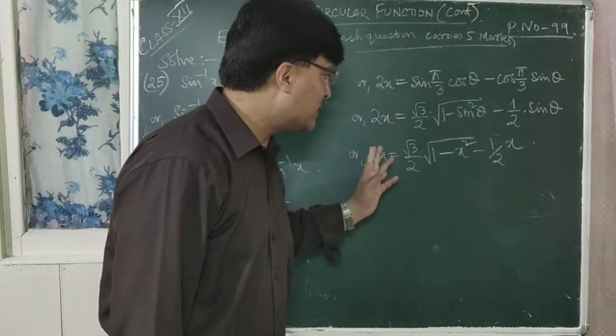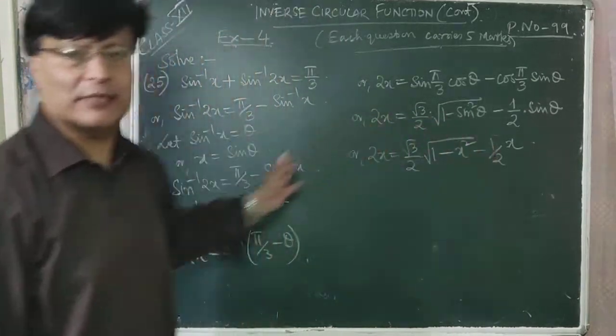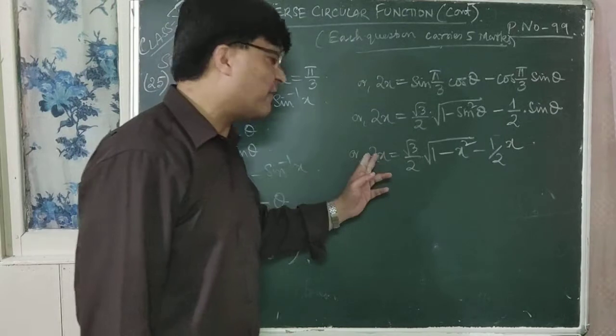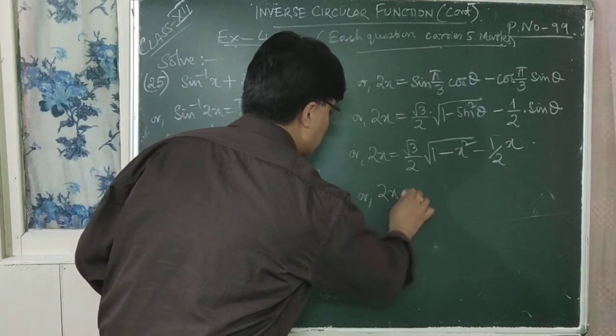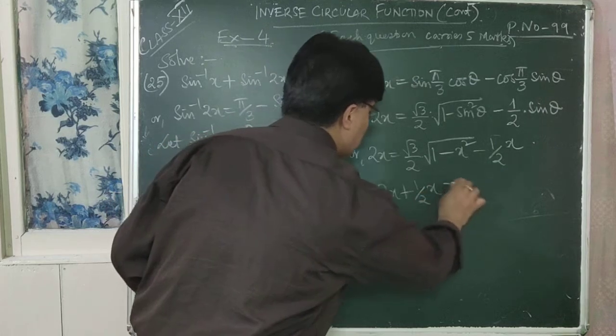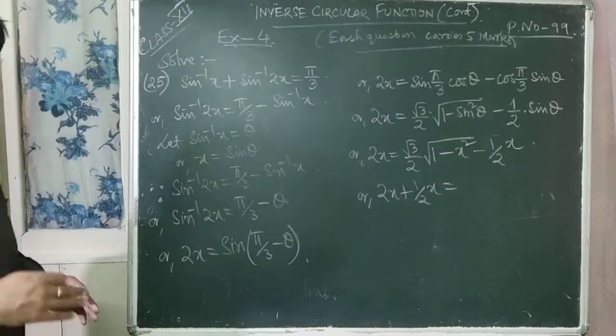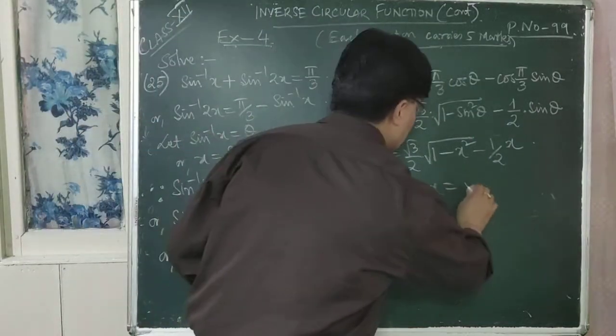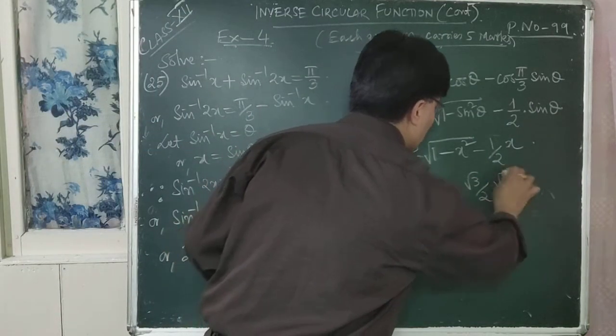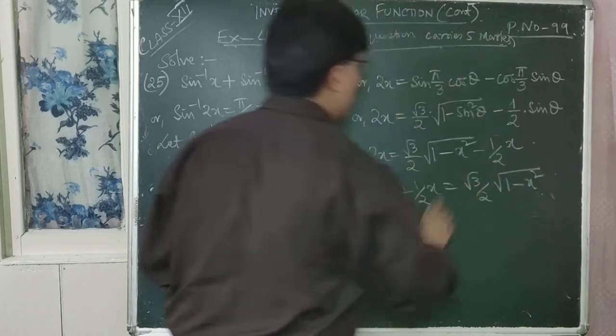Now you can take this minus half x to the left hand side so that you can simplify it with 2x. So 2x plus half x is equal to, on the right side, root 3 by 2 into root over 1 minus x square.